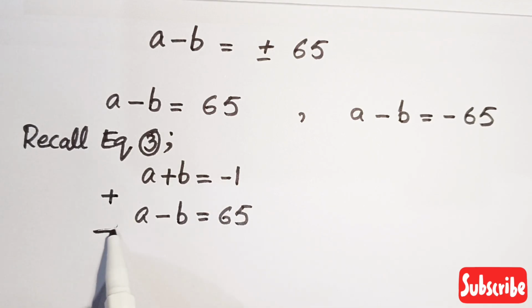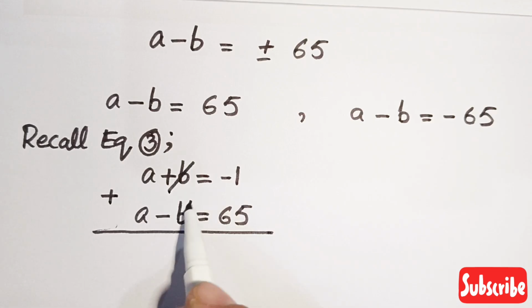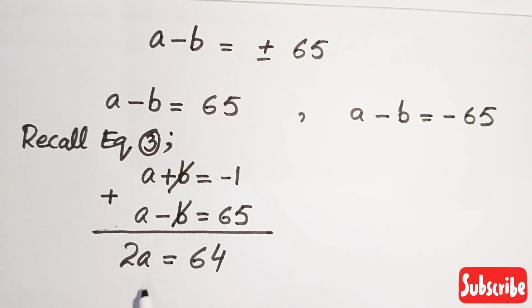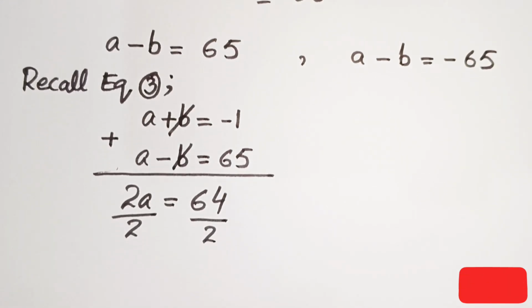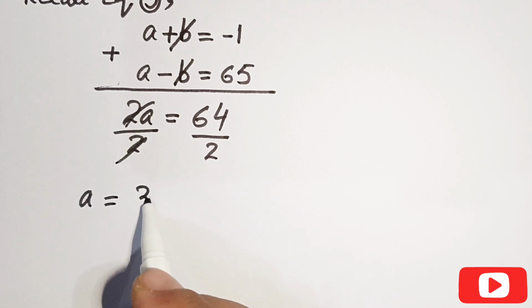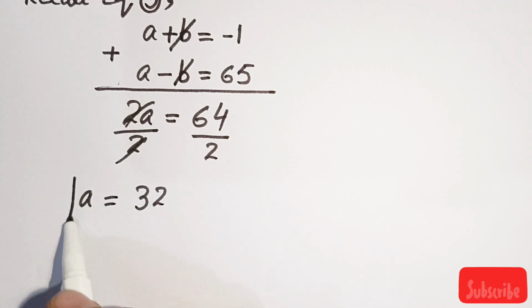Adding these two equations, plus minus cancelled, so we have a plus a is 2a is equal to 65 minus 1, which is 64. Dividing by 2 on both sides, a is equal to 32.